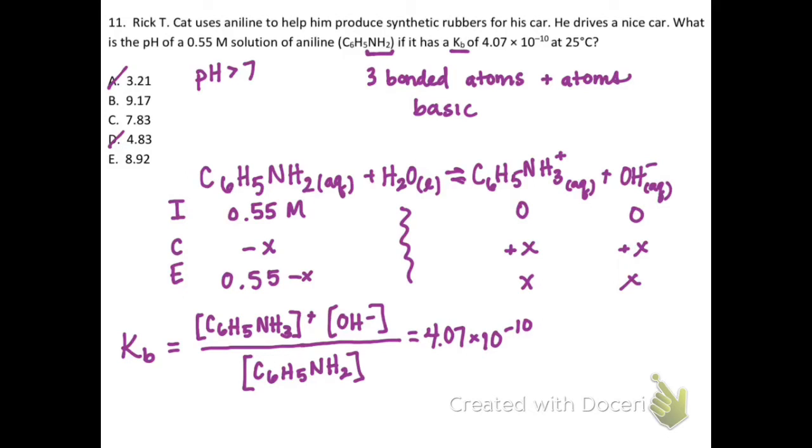Now this value is really small. It's a really small K, which tells me that we can go ahead and ignore any added or subtracted x's. So we can ignore the x associated with the aniline, which helps us to simplify our expression to x squared divided by 0.55.